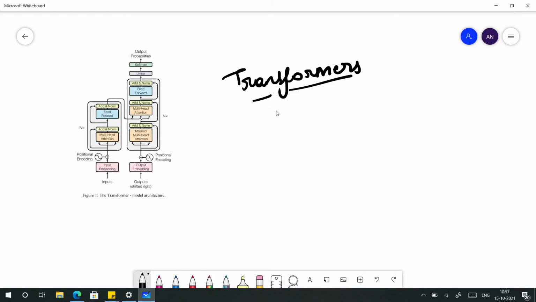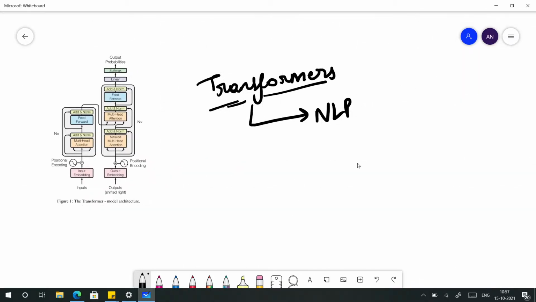Transformers were first used in NLP tasks, such as language translation, speech recognition.